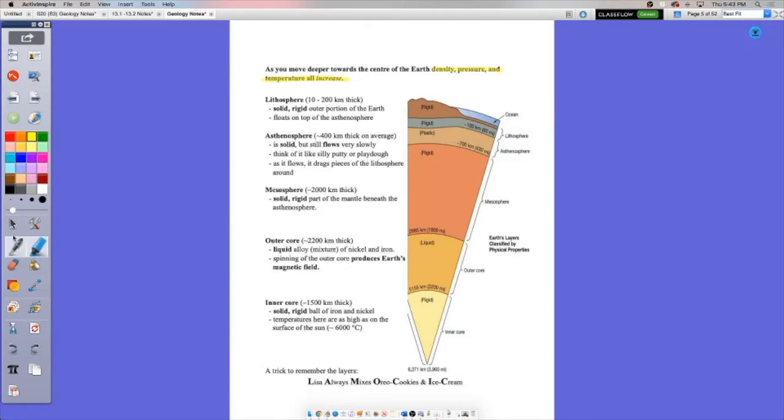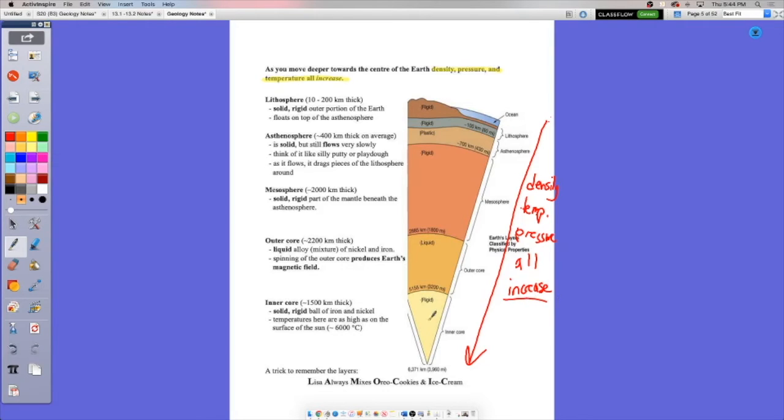Let me draw that in here really quick. As we go from the surface into the earth, deeper and deeper, density, temperature, pressure all increase. So it gets hotter, denser, and there's more pressure.